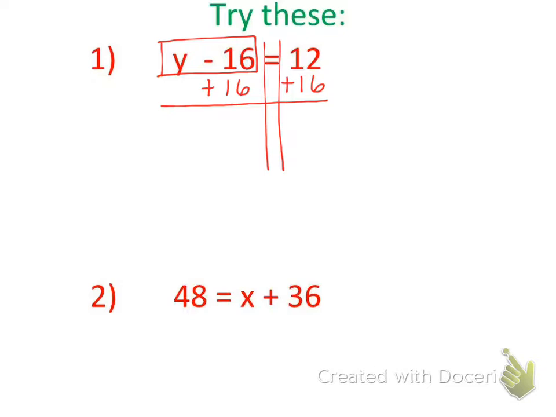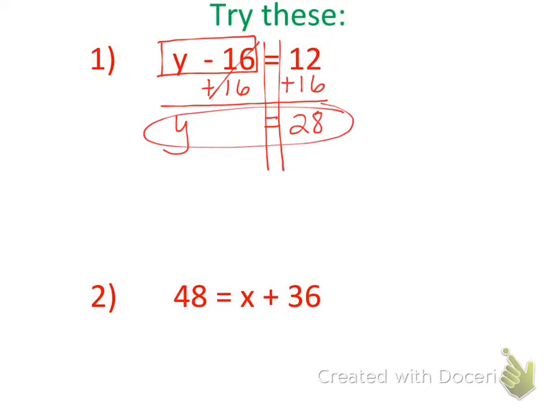So don't be concerned because that minus is above the plus. If it doesn't make sense to you, just go with it and it will eventually make sense to you. Okay? So if we take away 16, we add 16 back, we get 0. So that goes away. What's left on this side is y equals, and what's 12 plus 16? 28. Y equals 28.